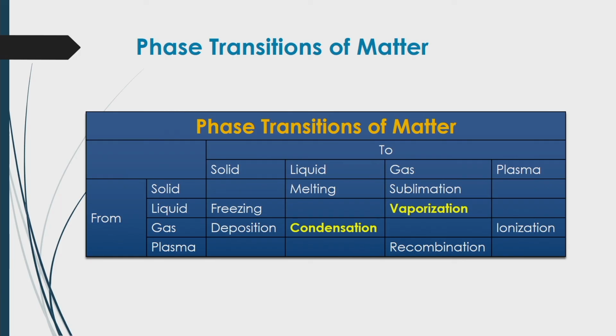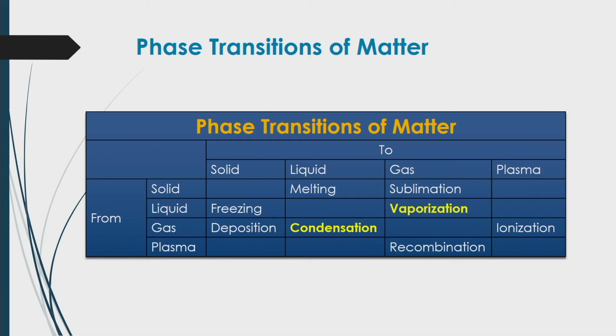So, solid, liquid, gas and plasma are all different states, and one phase can be converted into another. Here, a solid can be converted to a liquid by melting, and a solid may be converted into gas by the sublimation process.